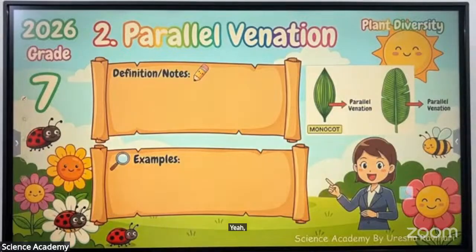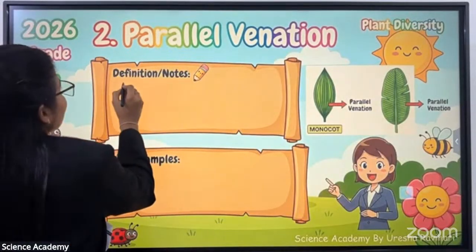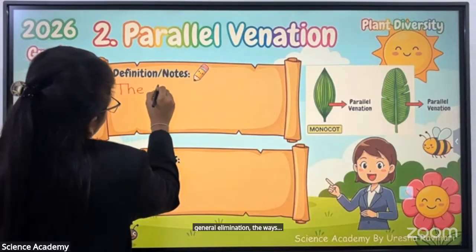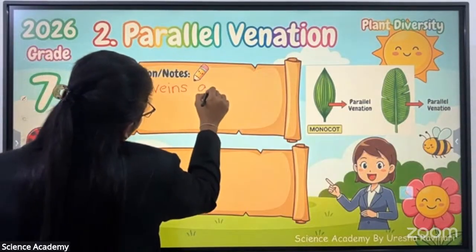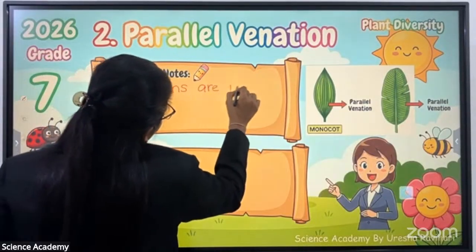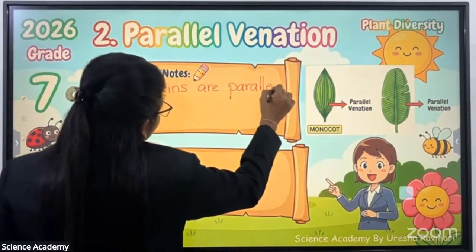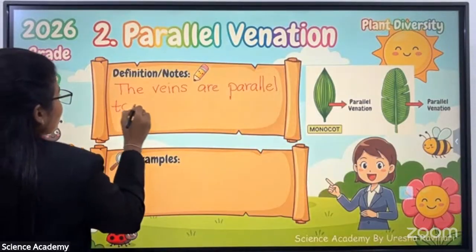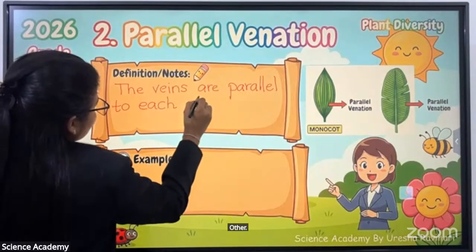Here, we'll write parallel venation. The veins are parallel to each other.